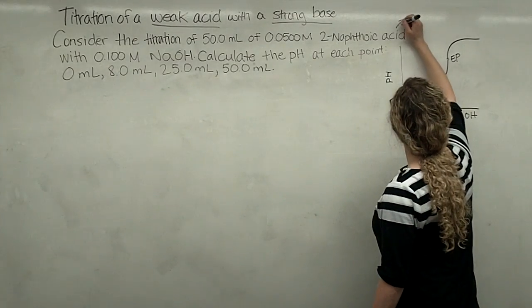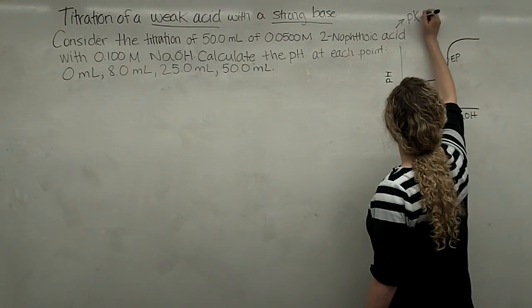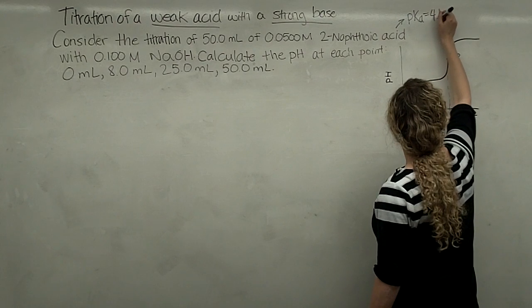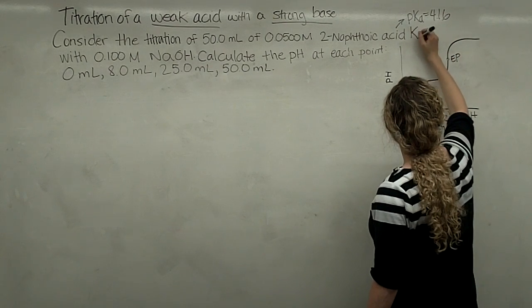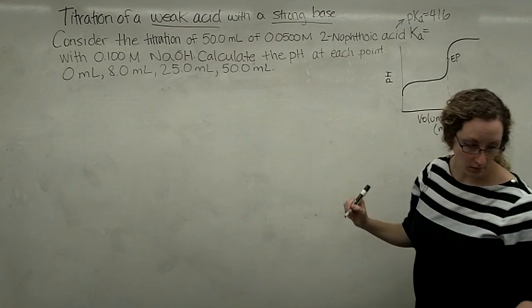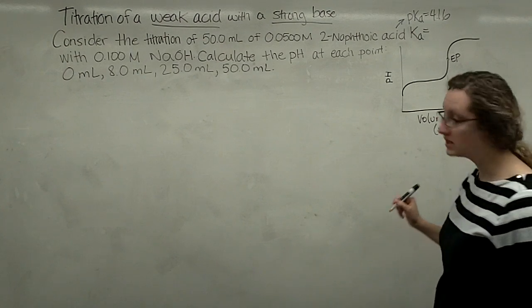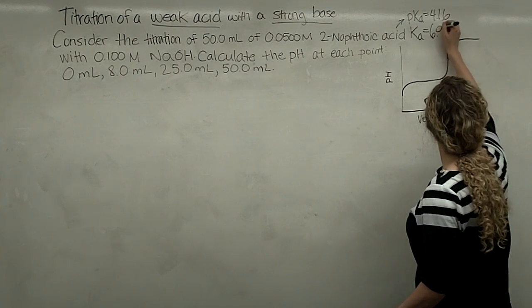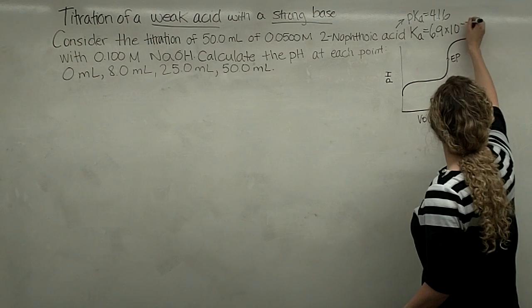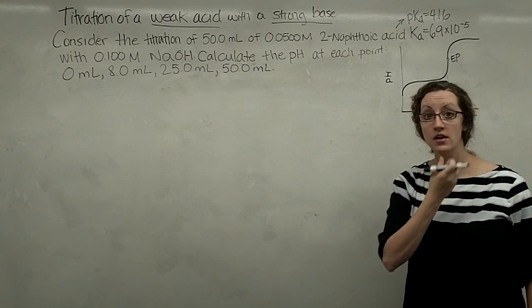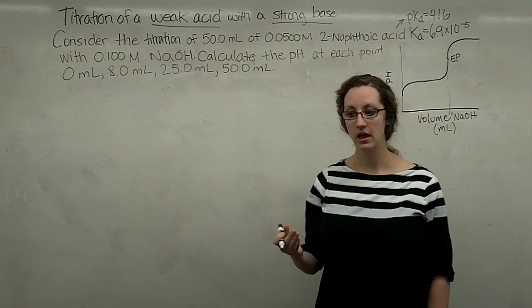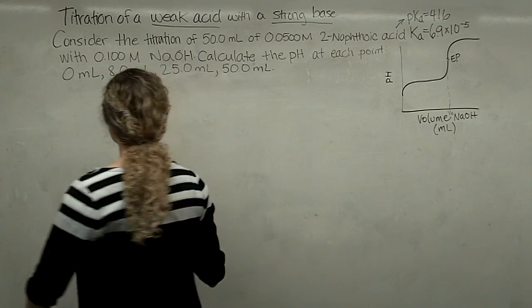The Ka equals 6.9 times 10 to the minus 5. So find the pKa and Ka; you find them from a table.